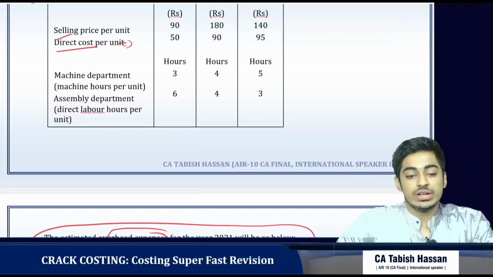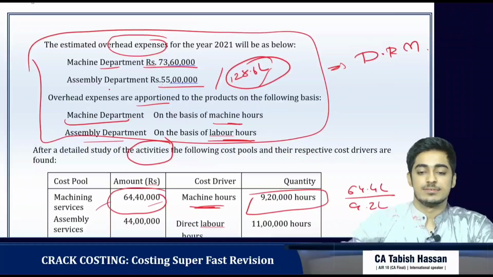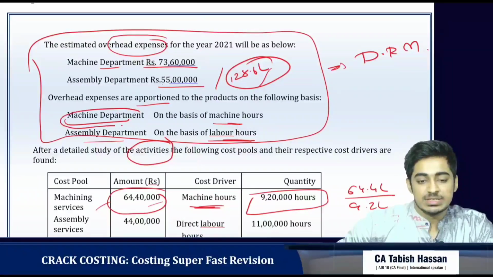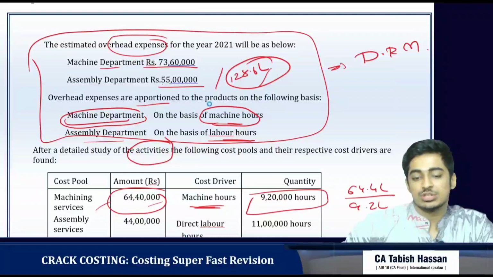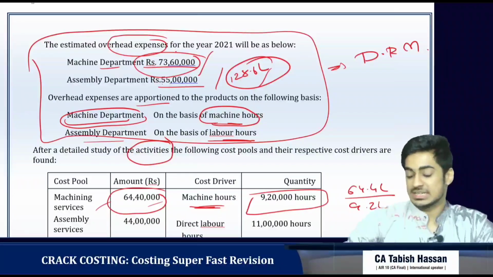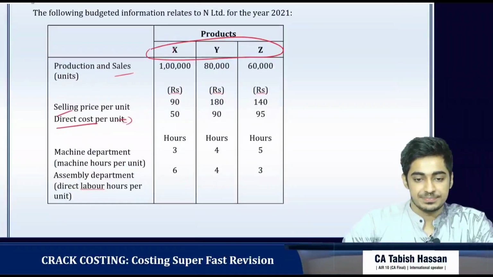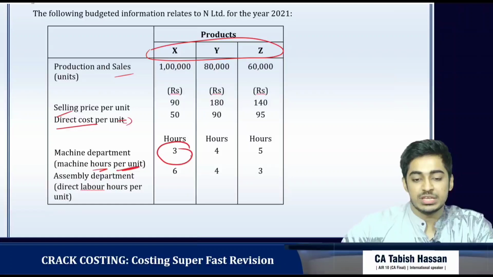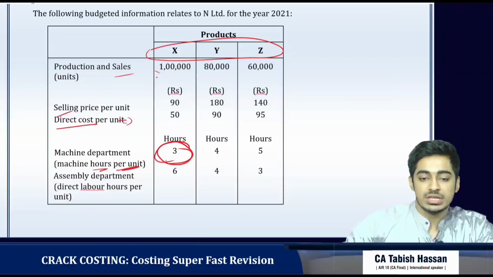So how do we do it in the departmental rate method? They've given us the total overhead of 128.6 lakh, and then they've given the machine department is apportioned based on the machine hours. So 73.6 lakh would be divided by machine hours. So what is the machine hours? They've given machine hours per unit. So 3 hours per unit into number of units.